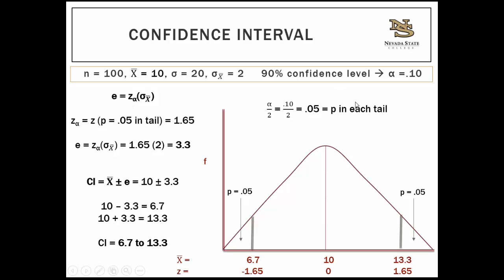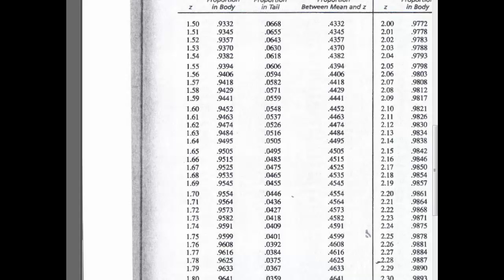I'll show you how to find that. You'll go to your unit normal table and find 0.05 proportion in the tail. 0.05 isn't there exactly, but you'll look for the one that's just above it and the one that's just below it. You see that they're both the exact same distance from 0.05, both 0.0005 away.